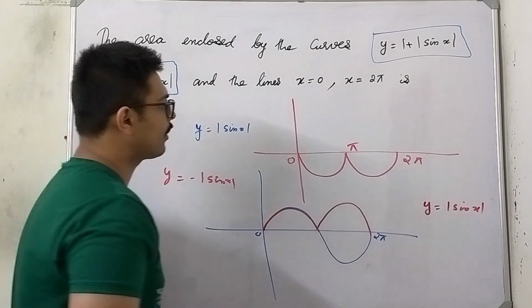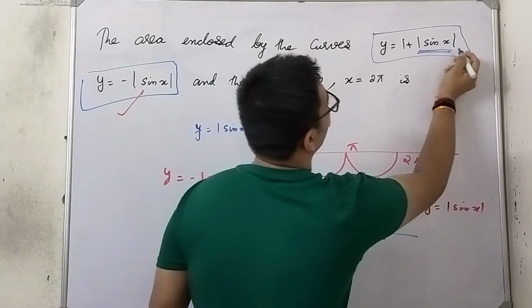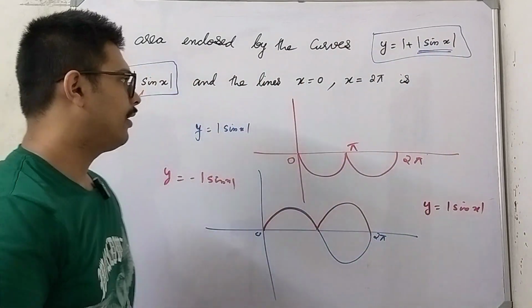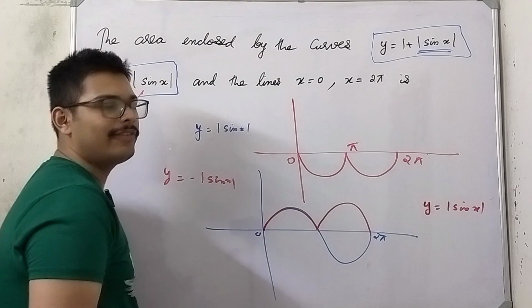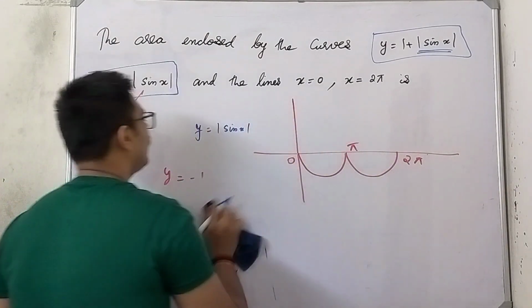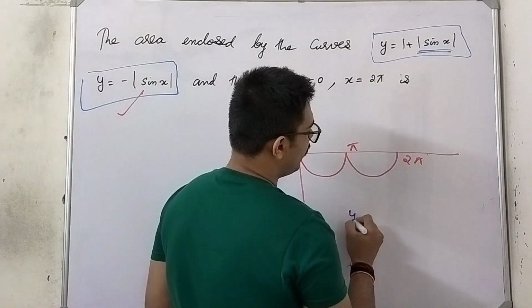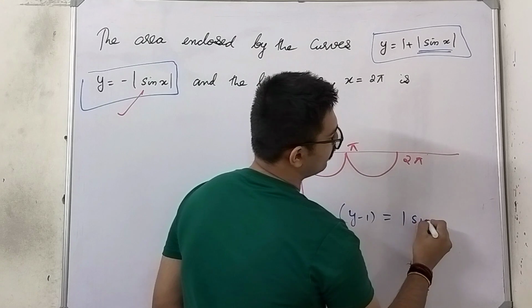Now we need to draw y equal to mod sin x plus 1. You can directly draw the graph, or you can use the concept of origin shifting. Whenever you get a different graph, it's better to relate it with origin shifting. y minus 1 is equal to modulus of sin x.